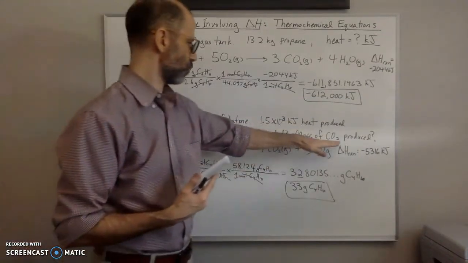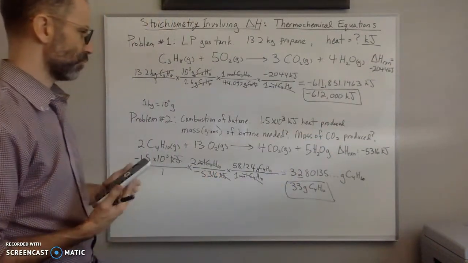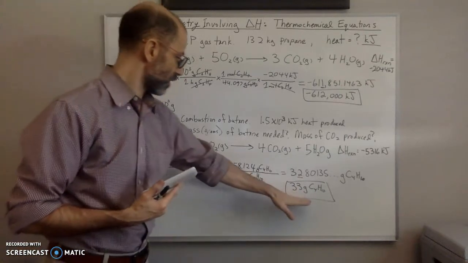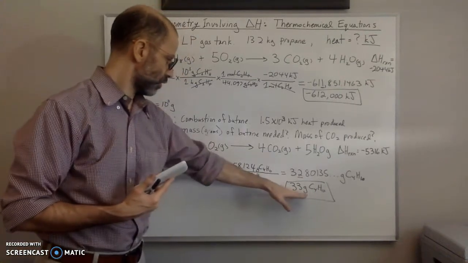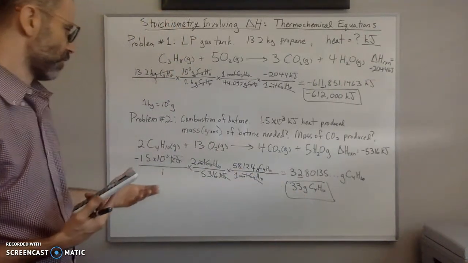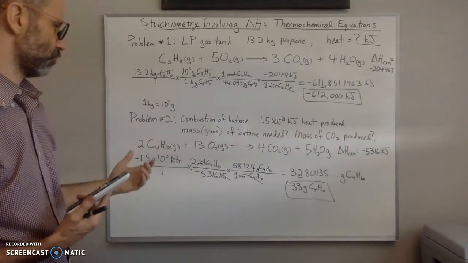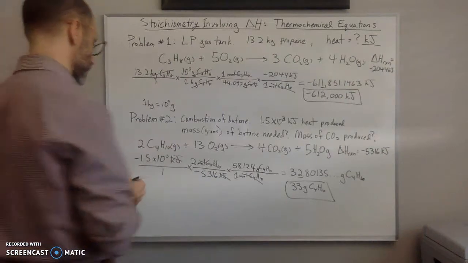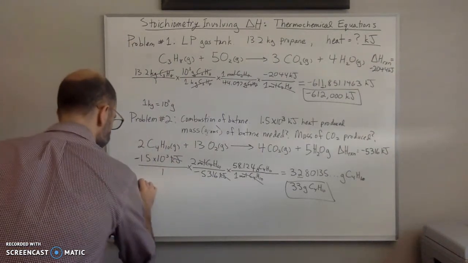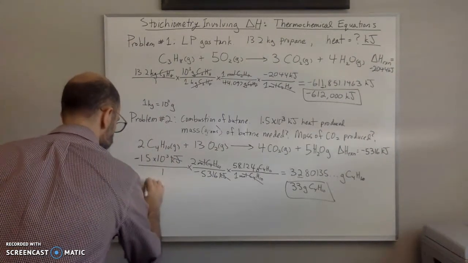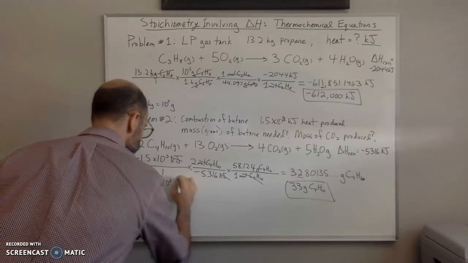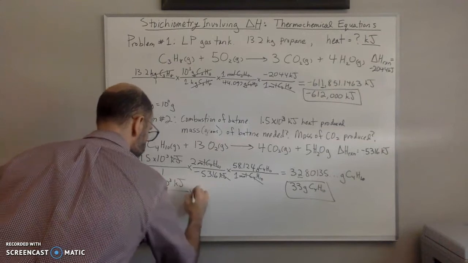The next one is, what is the mass of carbon dioxide produced? Well, since I know the grams of this, I can convert from grams to moles again. Or what I can do is the same thing here. So I would do negative 1.5 times 10 to the third kilojoules over 1.